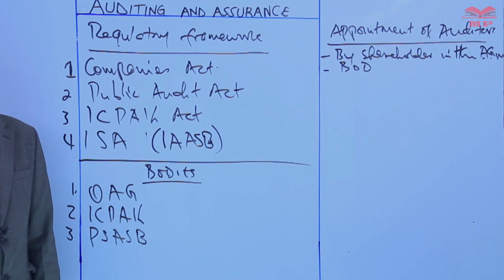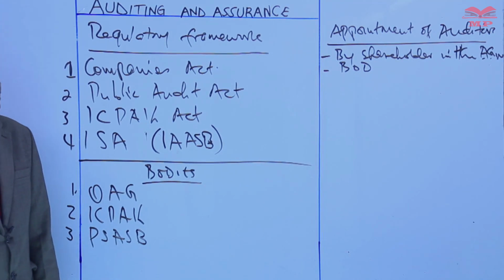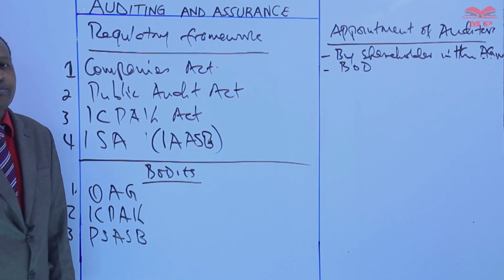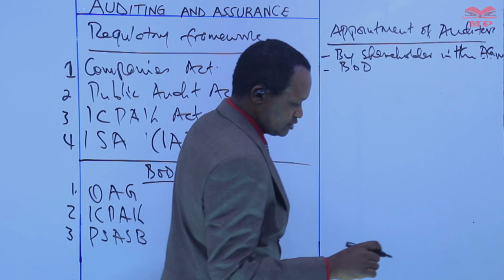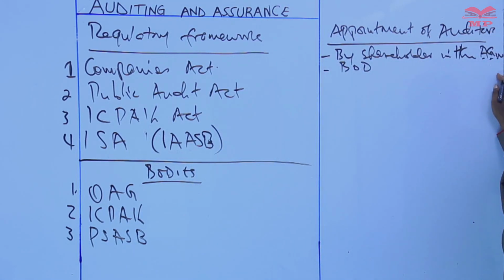The law allows the directors to appoint a new auditor who is then approved in the annual general meeting, so that there is no vacuum at any point in time.